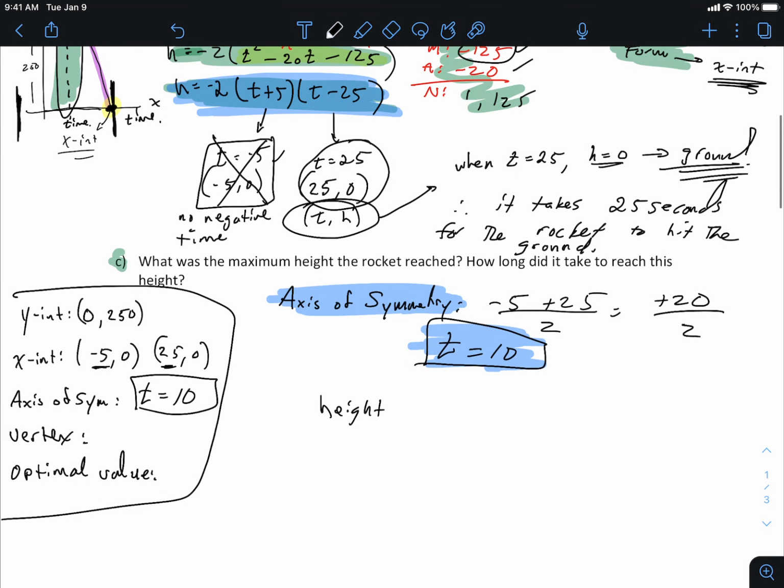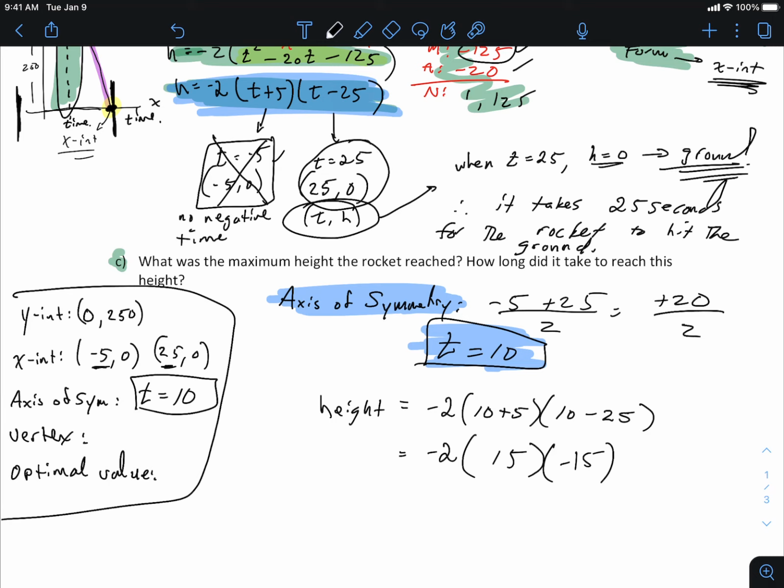So we're saying, okay, h equals -2 times (10 plus 5), (10 minus 25). Let's just do the math. That's it. -2 times 15 times, what's 10 minus 25? That'd be -15.